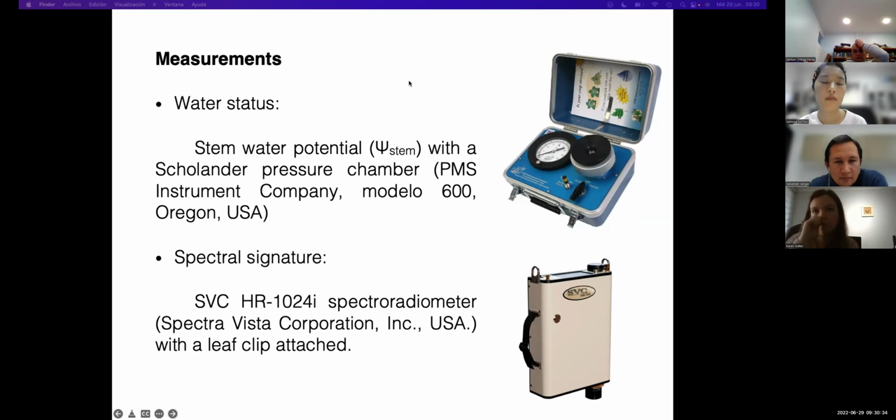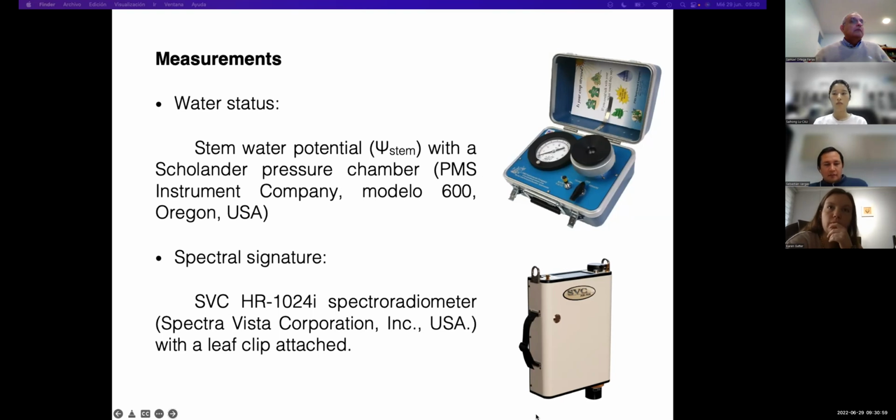Measurements were made on 2 healthy leaves per repetition, selected from the middle third of the canopy, following the procedure detailed previously. And a model SVC spectroradiometer attached with a leaf clip reflectance probe, able to measure between 350 and 2,500 nanometers, was used to obtain the spectral reflectance of the leaves.